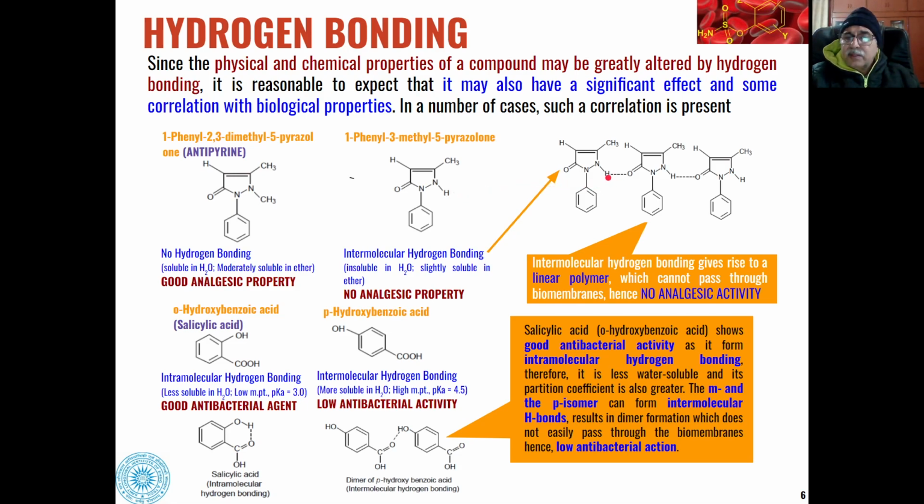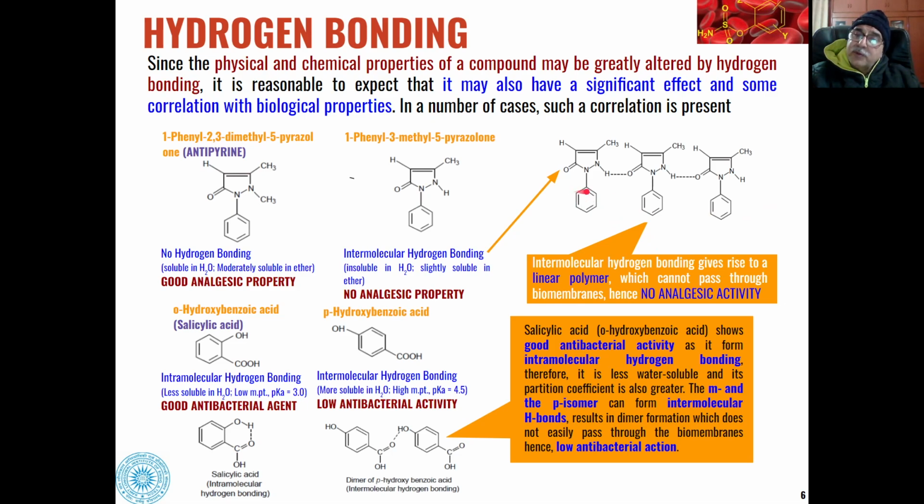So if we see, the structure is similar, but in this molecule, because of the presence of this hydrogen, it can form a hydrogen bond with another molecule of this type, and this hydrogen will form a hydrogen bond with the carbonyl of the other molecule. So likewise, because of this intermolecular hydrogen bonding, a linear polymer of 1-phenyl 3-methyl 5-pyrazolone will be formed.